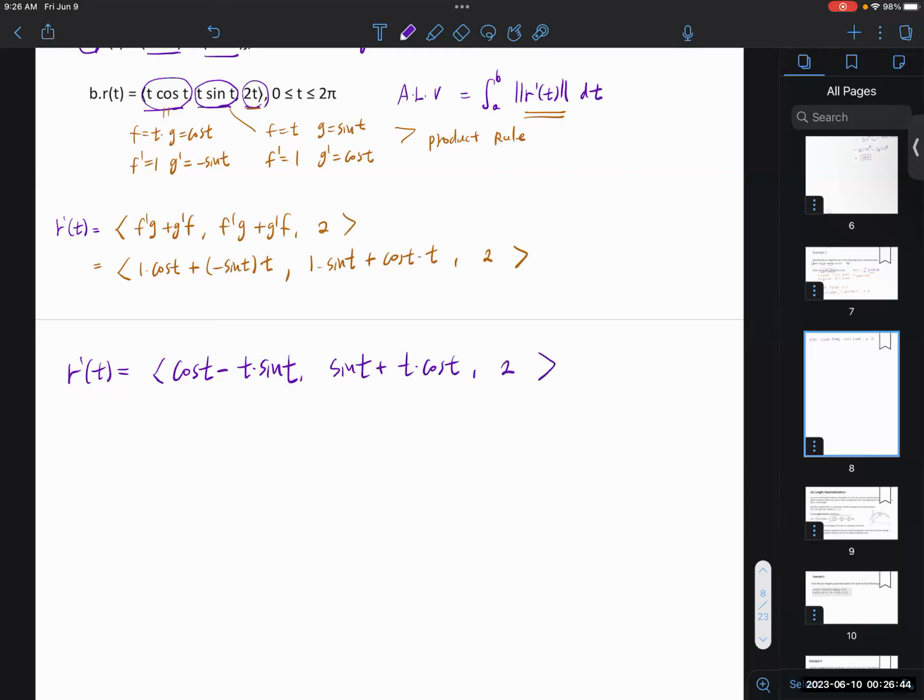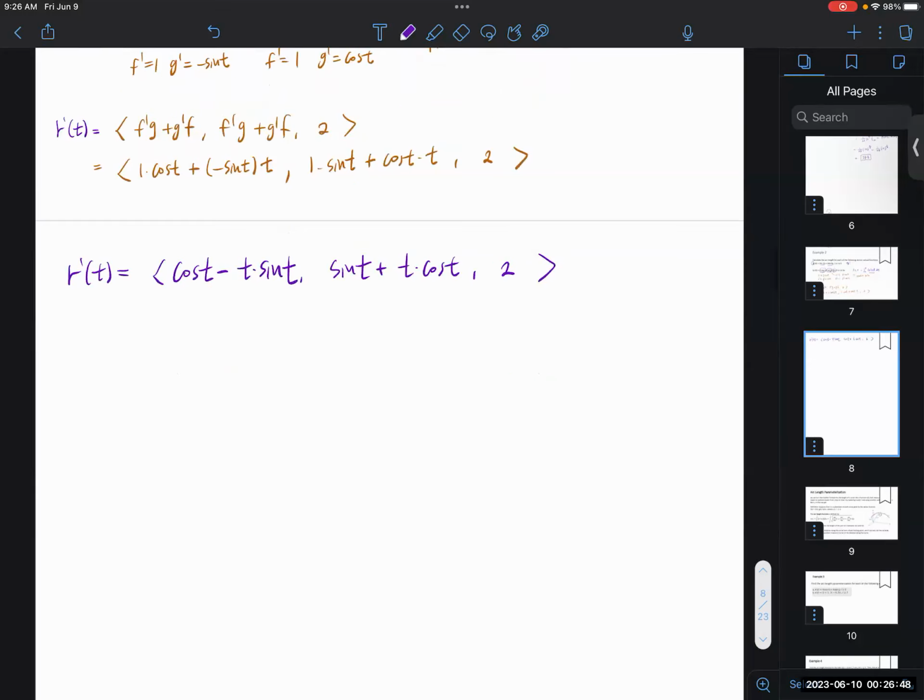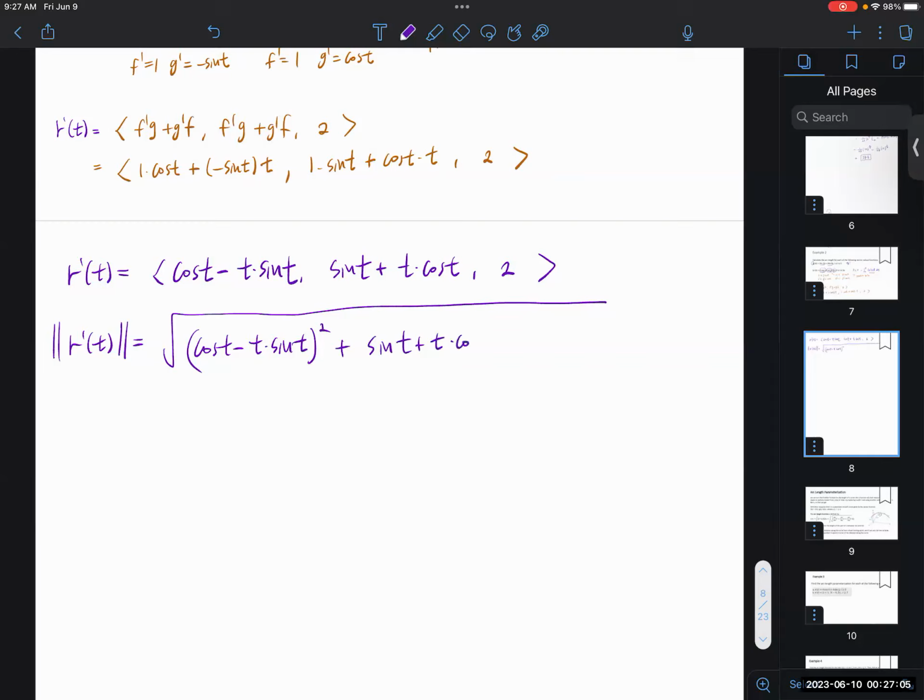This is the derivative. And then we're going to find the magnitude of it. That would be the radical of cosine t minus t sine t squared, plus, adding all the squares, sine t plus t cosine t squared, plus 4.